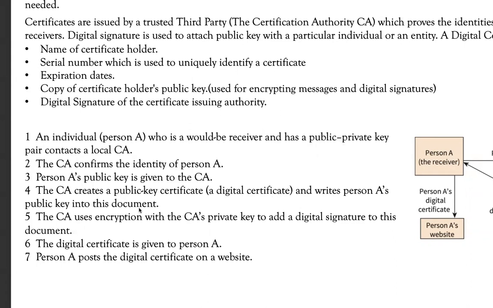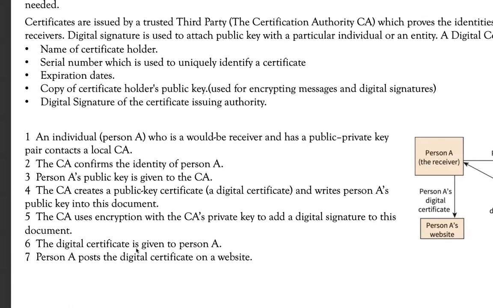Among other things, as discussed before, this digital certificate contains person A's public key. The certification authority uses encryption with their own private key to add a digital signature to this document. So if we look at the certificate, we see person A's public key and also the certification authority's digital signature, so we can verify whether the certificate is true or not.